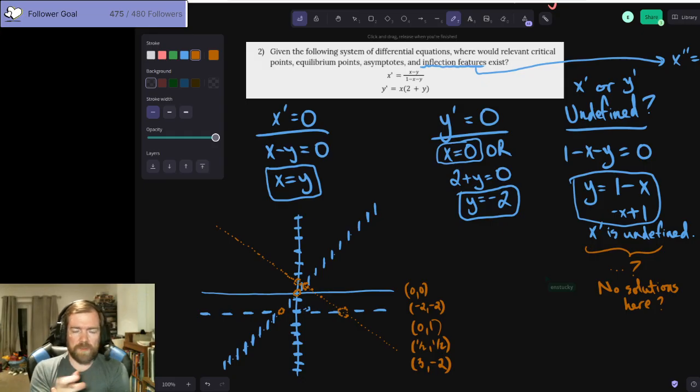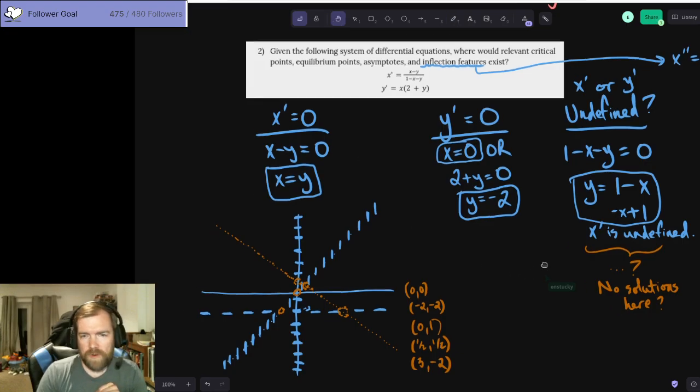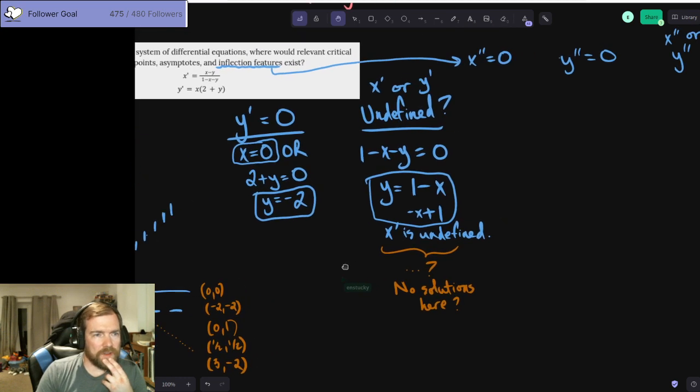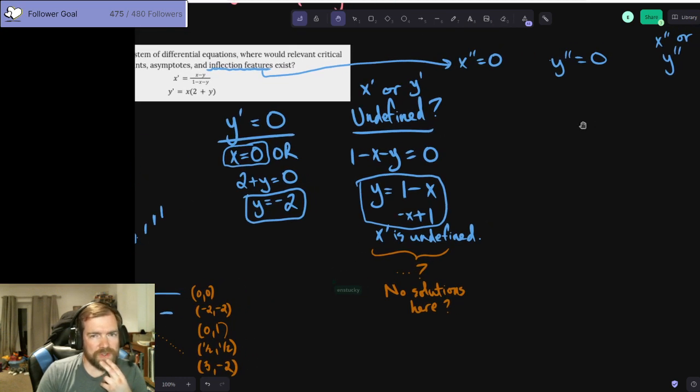So the behavior around it could be absolutely not changed at all. Okay. For that, then, we're also going to extend the question and say, if we wanted to find inflection features, we're going to need second derivatives of these things.